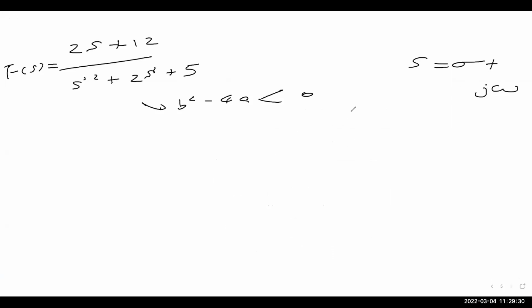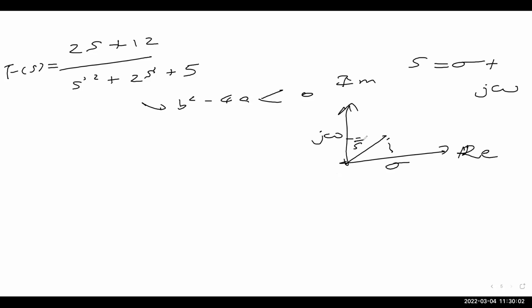And if we plot this as a vector, with the real part and the imaginary part, this part is equal to sigma, and this part is equal to j omega. So this is the imaginary value. Omega is the coefficient that comes with the imaginary part, right? So this is as a vector.